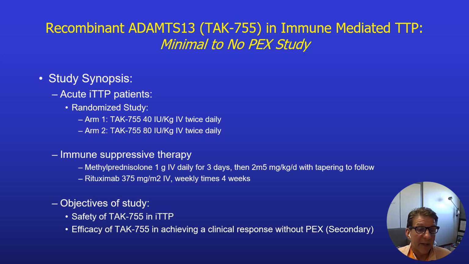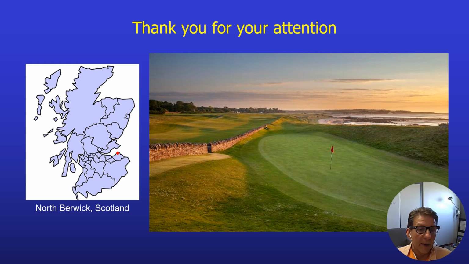They were randomized to twice daily 40 or 80 units per kilogram. They received immune suppressive therapy, or they are receiving immune suppressive therapy. And the objectives are looking at the safety, but also the proportion of patients who can safely achieve a clinical response, a responsive TTP, without the need for plasma exchange therapy. And this study is now ongoing and accruing patients and doing quite well.